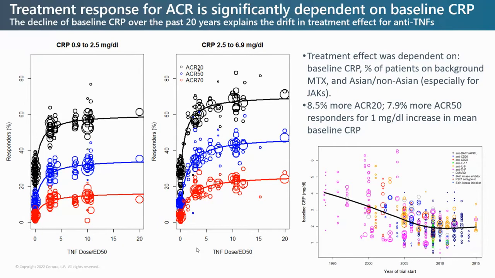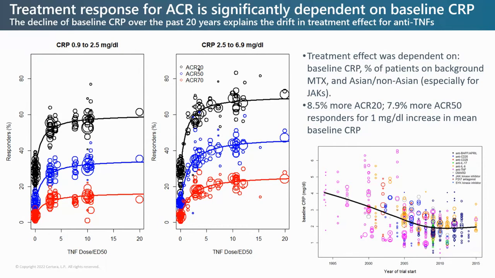And actually, if I split up the TNFs in trials on the left-hand side that have a low CRP and trials on the right-hand side that have a higher CRP, and look at their dose-response relationship, we can see, especially if you look at the black and the blue lines, quite a significantly greater response in those studies that have a higher baseline CRP.